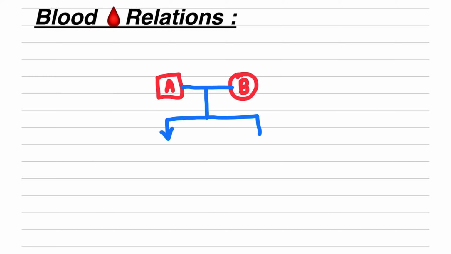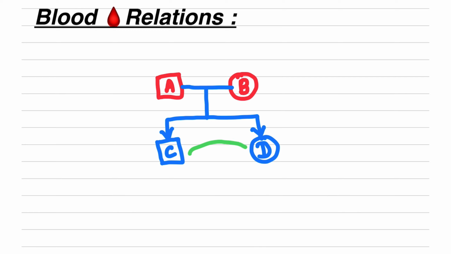So let's take an example: A as a male and B as a female. A and B are married and they have 2 children, C and D. C is son and D is their daughter.